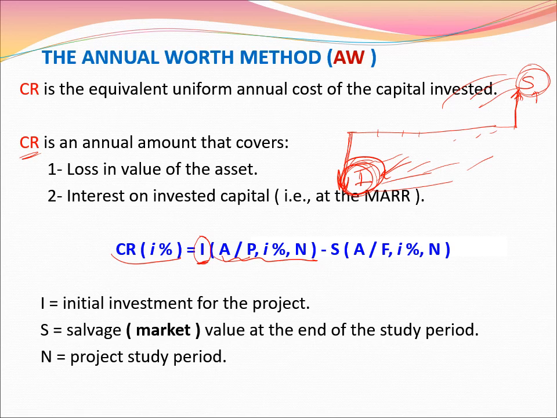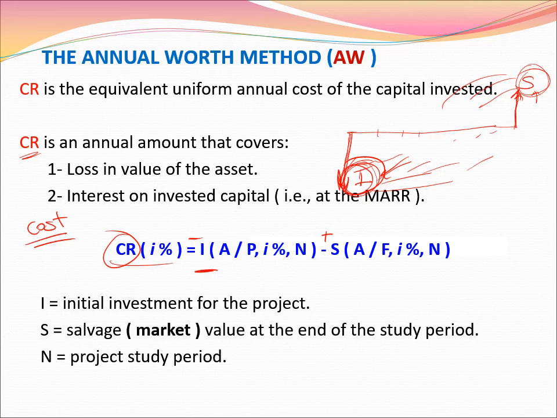So their signs must be different. Actually, since the initial investment is a cost, it should be negative, and the salvage value should be positive. But the thing is, the capital recovery itself is defined as a cost. So if I write the investment as negative and the salvage as positive, then the value of capital recovery will be negative.